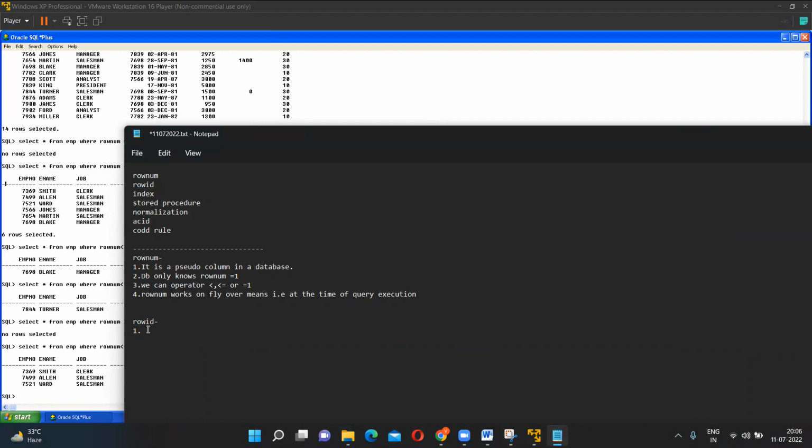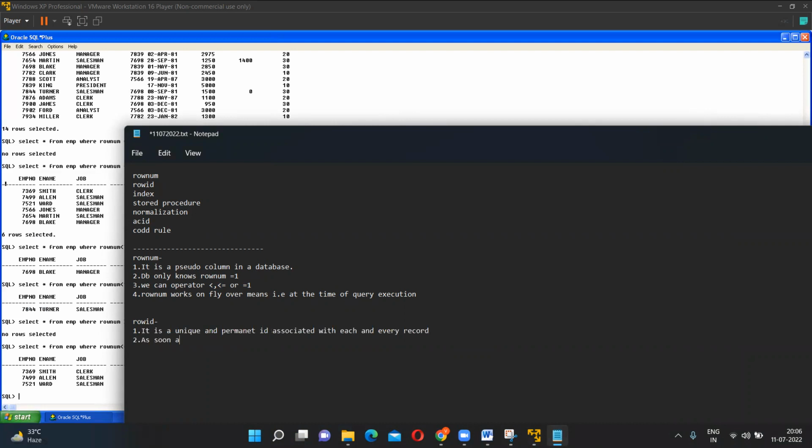See, it is a unique and permanent ID associated with each and every record.